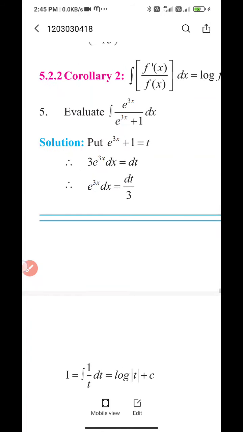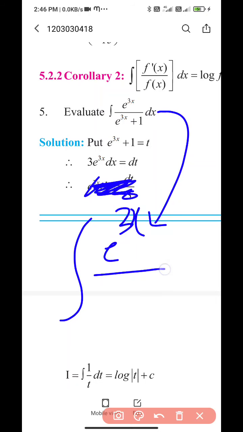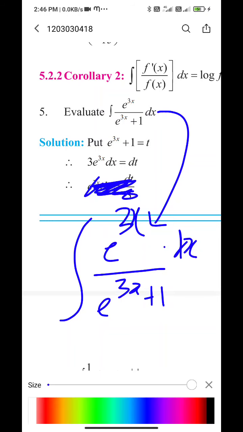If you want to omit this step altogether, what you do, just write this function as it is, e raised to 3x divided by e raised to 3x plus 1 into dx. As you know, we do not have this 3 over here, so I'm taking 3 by myself, so it is 3 e raised to 3x now, but we cannot take it like that, so I am neutralizing it by multiplying the function with 1 by 3.